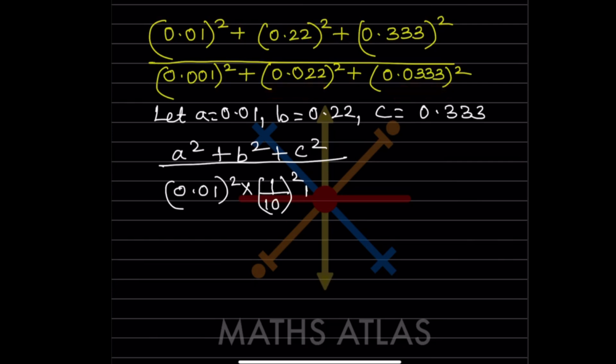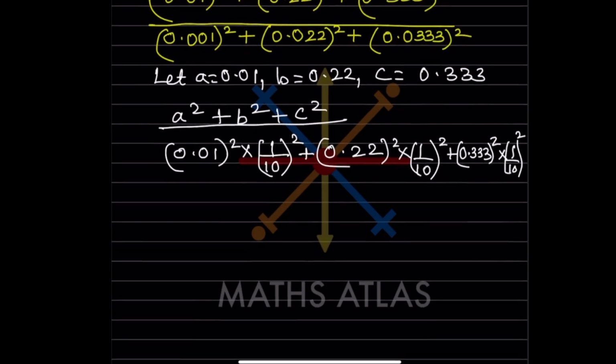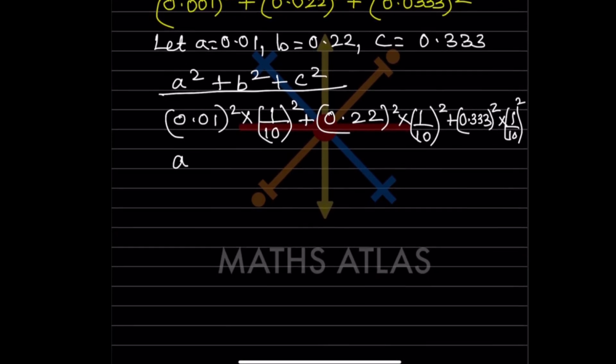Now here we can write this one as 0.22 and square of it into 1 by 10 square. Then here we can write 0.333 square of it into 1 by 10 and that square of it. So now we write the numerator the same.